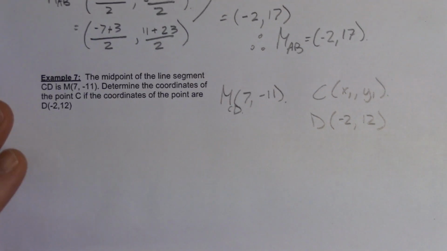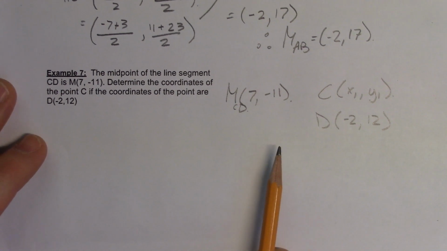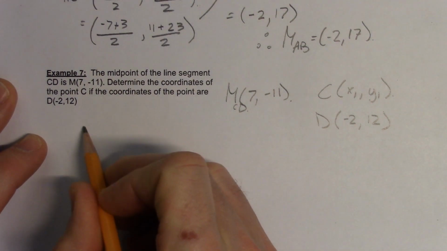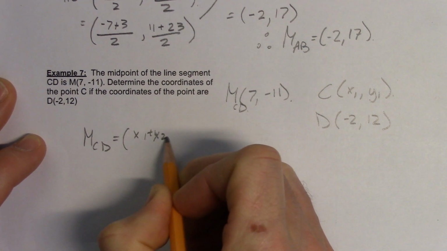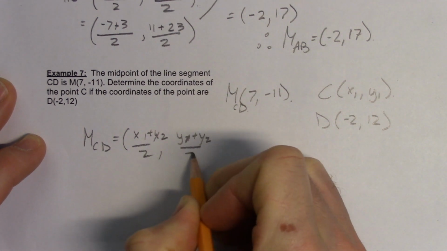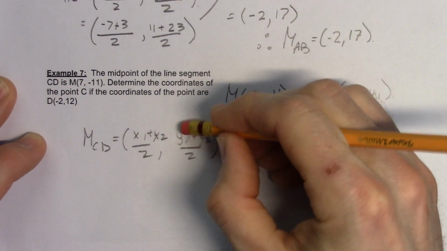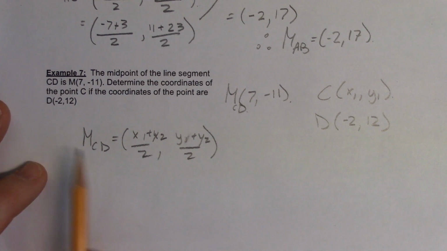Who can tell me what to do here? A little harder. Standard form. Hmm? Did you put it in standard form? Nope. You wouldn't be worried about the equation for the line. You're just worried about midpoint. So let me write a few things down here and see if this will help. Right? That's our formula for midpoint. But we know the midpoint of CD.